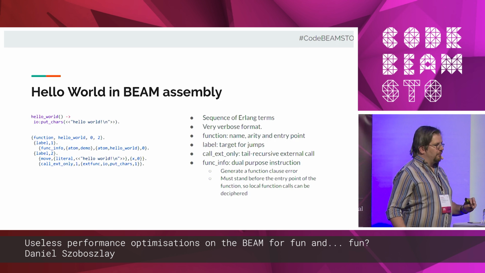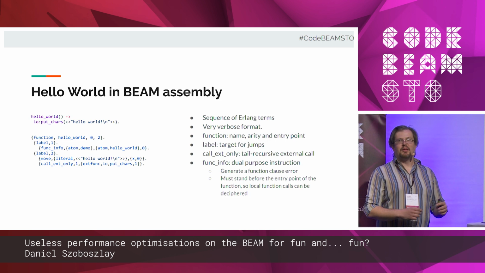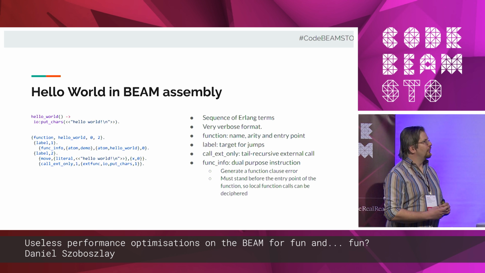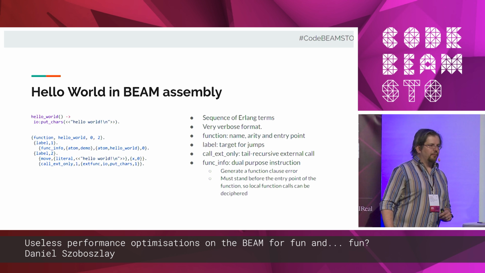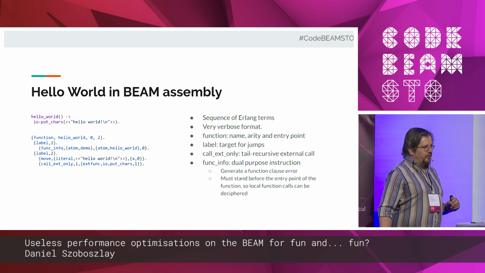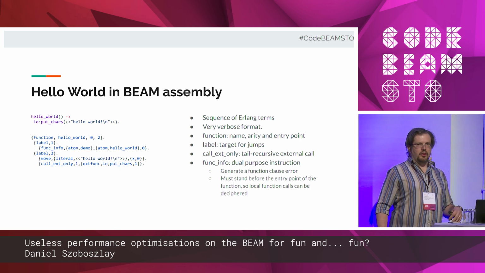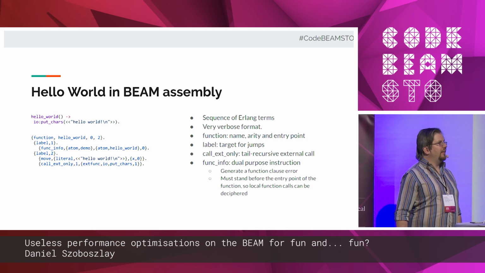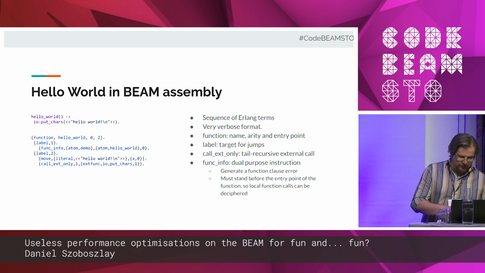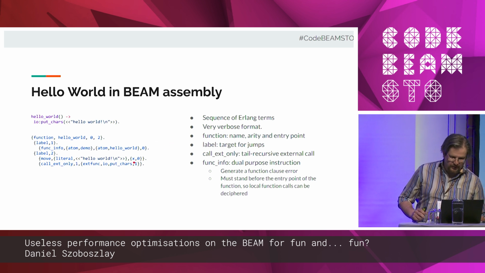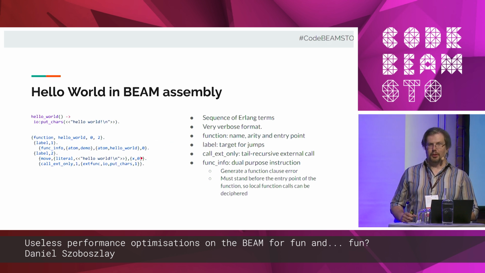Let's see a very specific example. It will be simpler than the previous snippets you could see: the hello world in BEAM assembly, and of course in Erlang as well. The first thing to note is that the assembly language is basically a sequence of Erlang terms, and it's also a very verbose format. For example, the x0 register here is referred to as the x0 tuple.